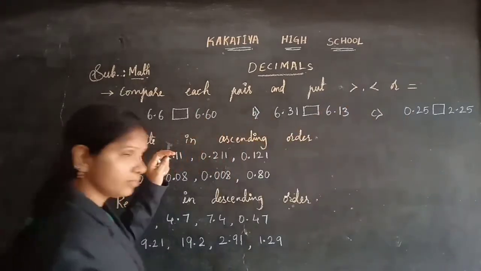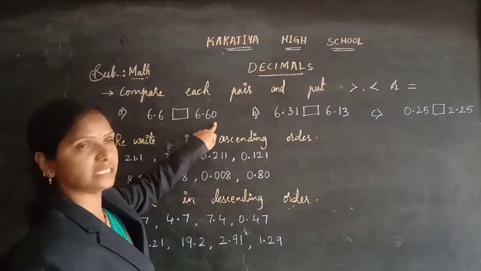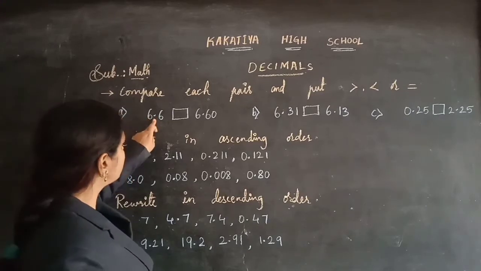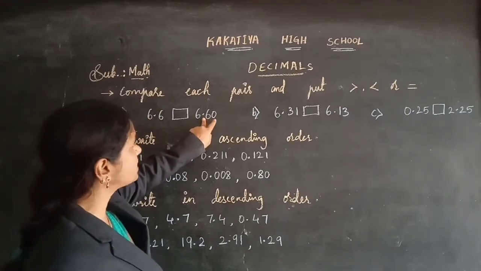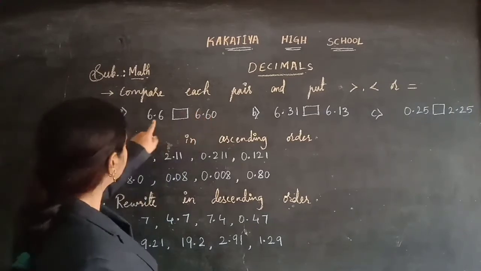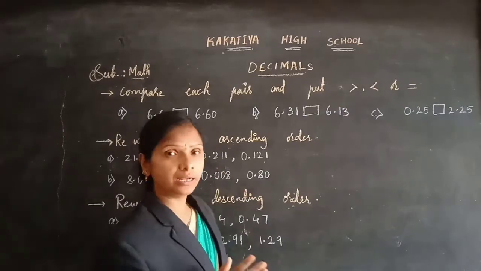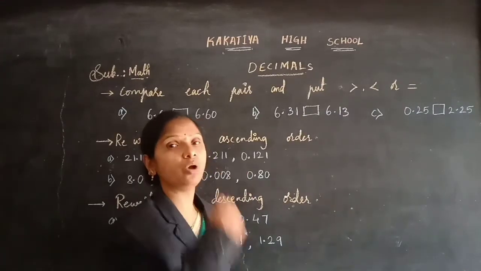Now you see here 6.6, 6.60. Here we have a decimal point. After the decimal point here we have 6, and here after the decimal point 60. Two digits we have here, and here we have only 1 digit. So first you convert the unlike decimals to like decimals by keeping 0 at the last.